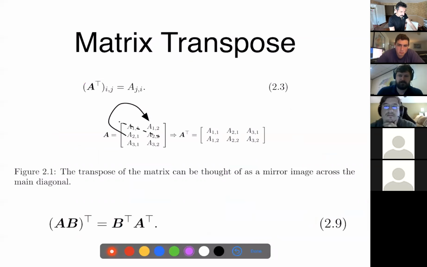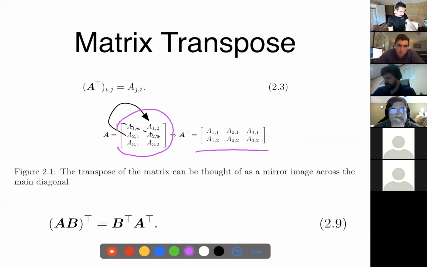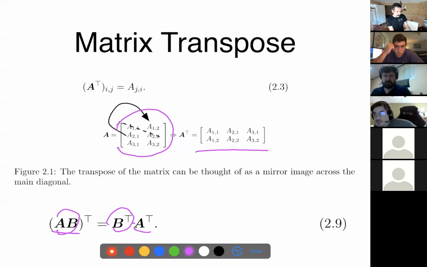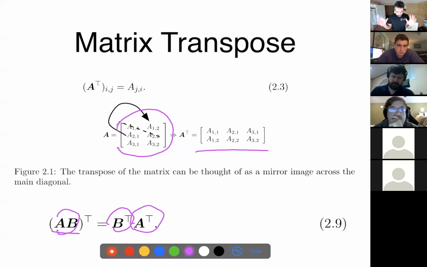You have this A and then you transpose it to get the new A. These are basic matrix calculus. And you can also take the transpose of a matrix multiplication. You know this rule: in order to get the transpose of the product, you multiply the transposes in reverse order. So these are easy.